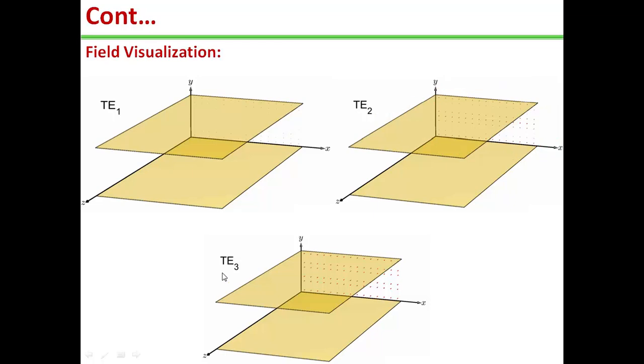Whereas in the TE3 mode, three half wave variations will be there. So you can see in this figure two half wave variations in between the parallel plates along the z direction, and the quarter wave variation at the bottom and quarter wave variation at the top plate. So the total half wave variation is 3 along the direction of propagation, that is z.